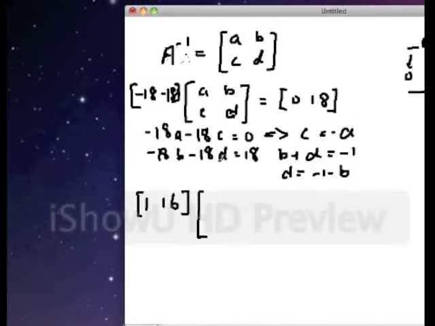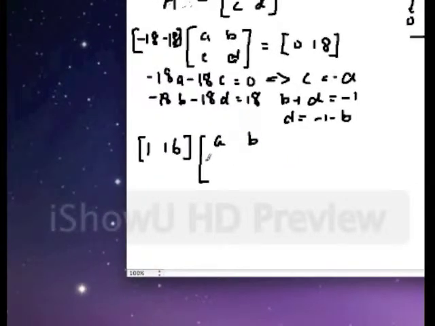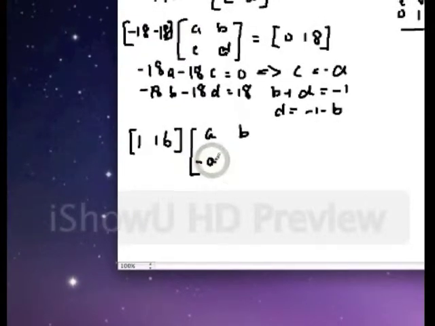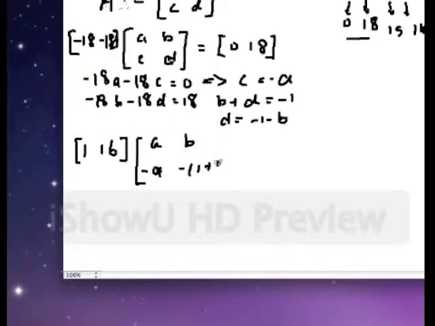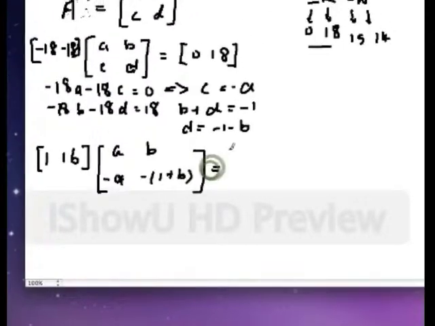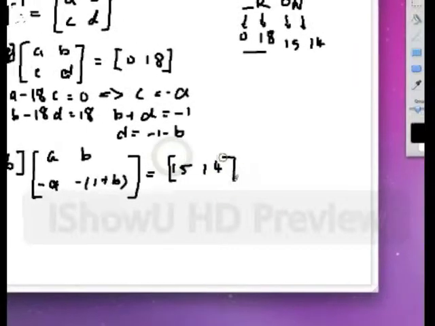A is just A, B is just B, C is going to be negative A, and D is going to be negative of 1 plus B. And our result should be a 15 and a 14, like so.